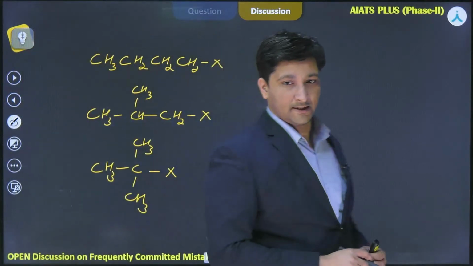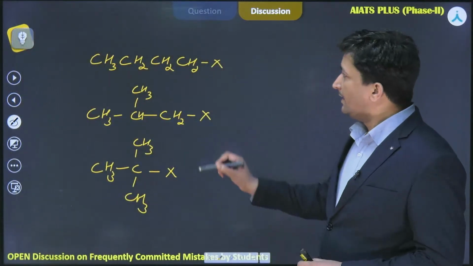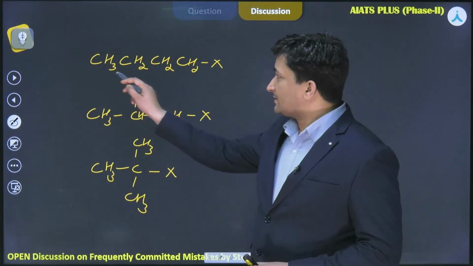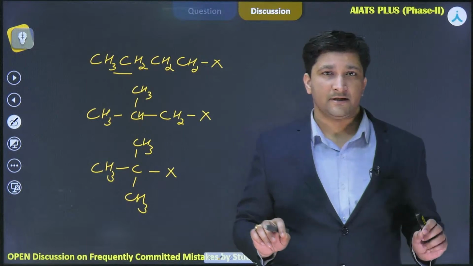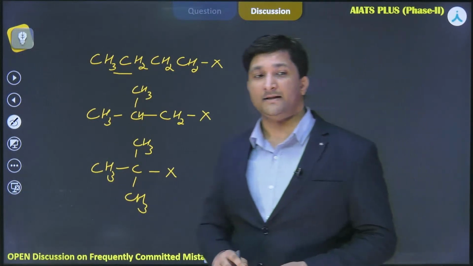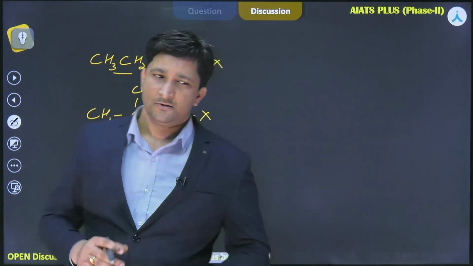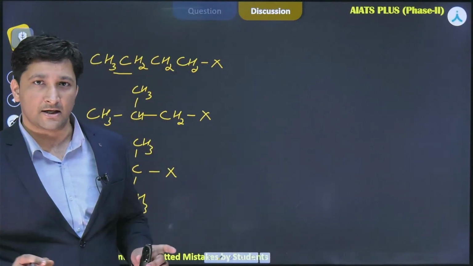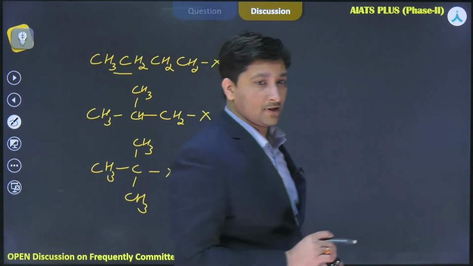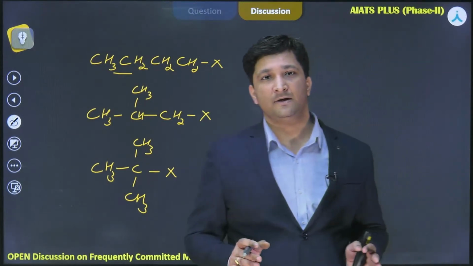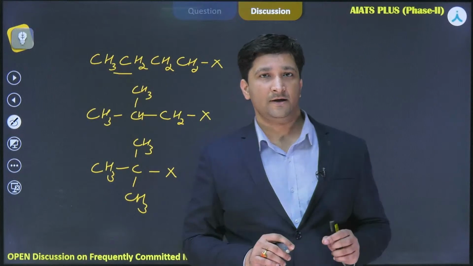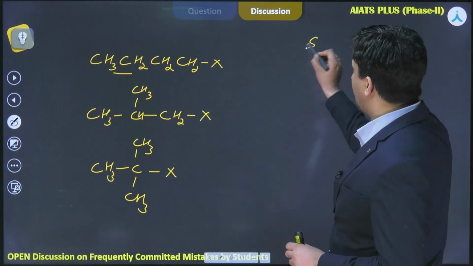Now, what we have to think here, that if the molecule is straight chain, if it is linear, then it will have maximum surface area. And in maths, in physics also, you must have learnt that for a given particular volume, which type of shape has minimum surface area, then you all have learned that a sphere has minimum surface area.